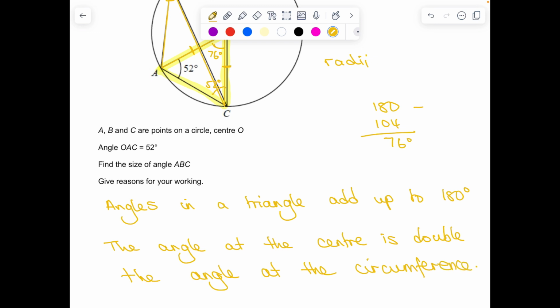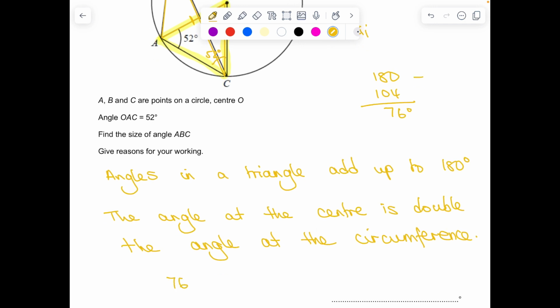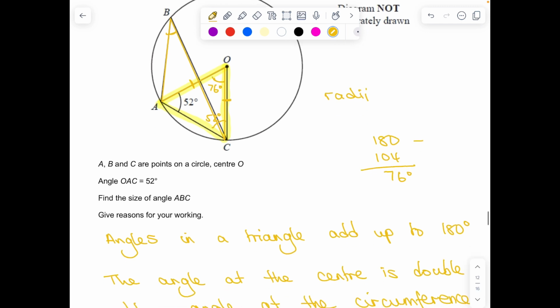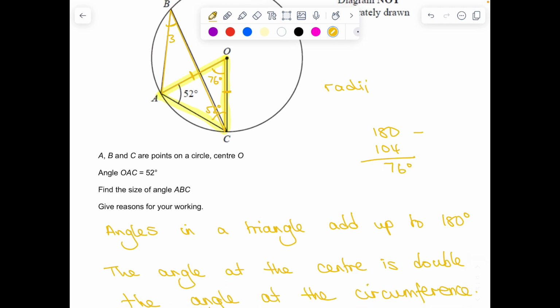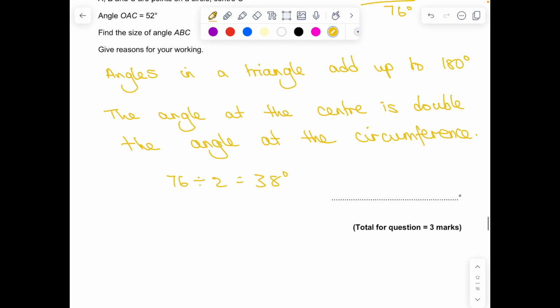Okay, so nice and easy then. We halve 76, we do 76 divided by 2, which gives us 38 degrees. So this angle here is 38 degrees. Okay, so you need to put in those two reasons and the correct answer in order to get your full 3 marks. Some of you I think lost a mark simply because you didn't put your reasons.